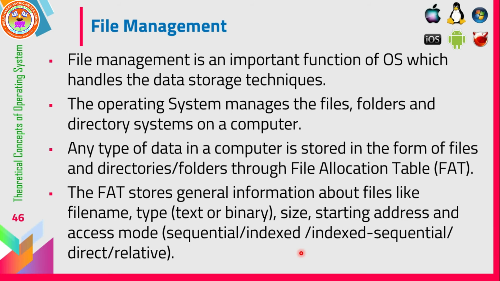A folder contains a collection of different files. Next, the FAT stores general information about files, like file name, file type, file size, starting address, and access mode. The file allocation table provides all these kinds of information about a particular file.